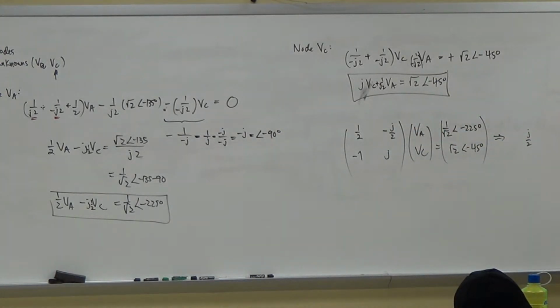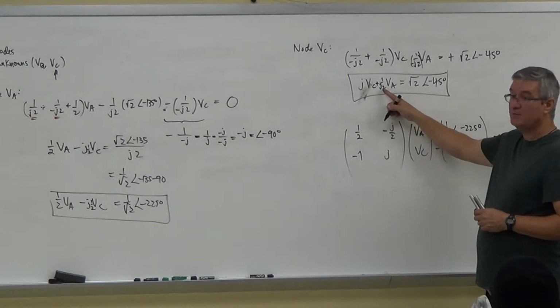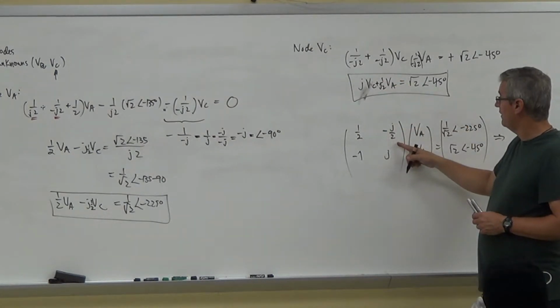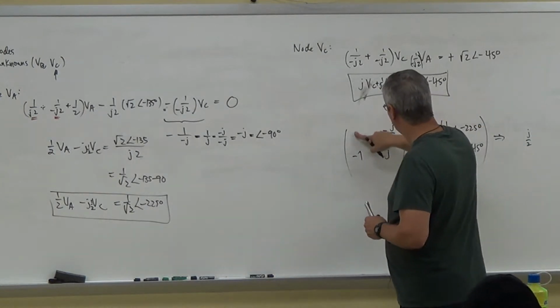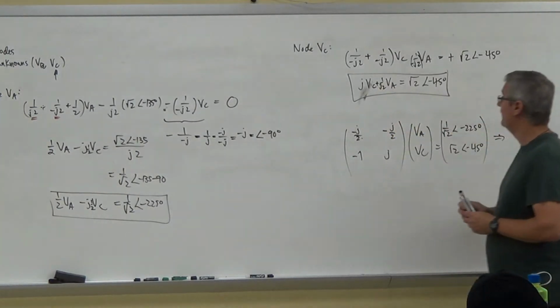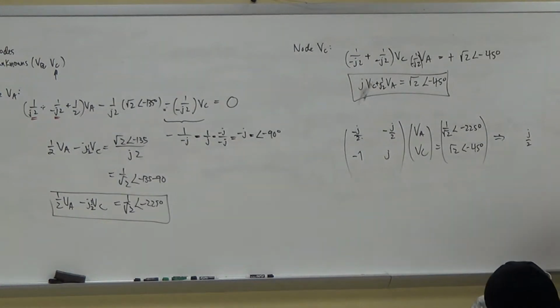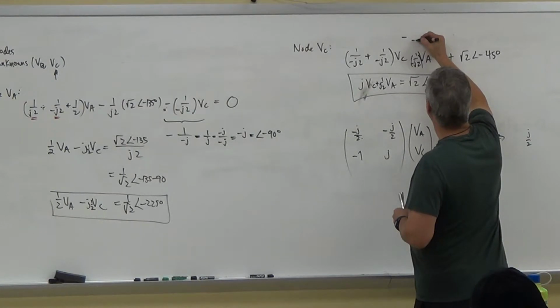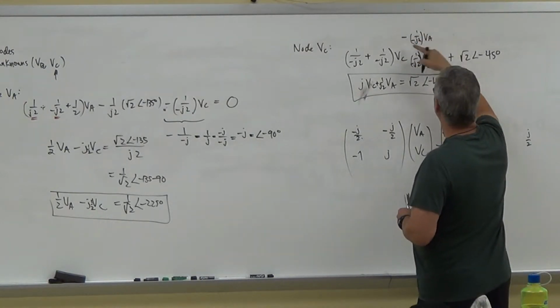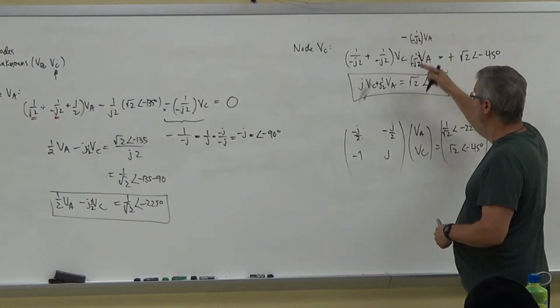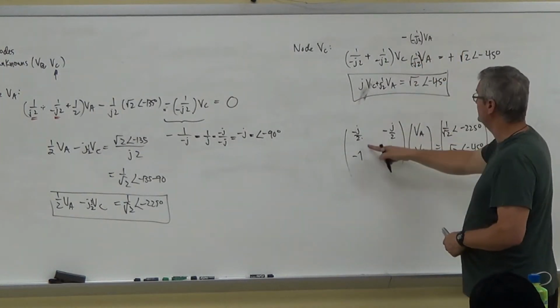If that's plus j2, I'm going to bring the j up, which will give me negative j2. Let me make sure. If I do this, I'm going to get minus j2 times VA. That minus and that minus cancel. When I bring the j up, I get minus j, and then I have the 2.